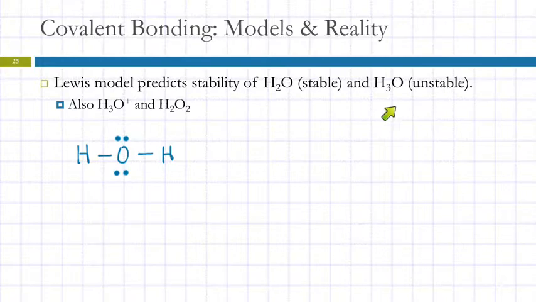What would happen, though, if we made H3O? Well, that would be bringing in another hydrogen, right? So here's another hydrogen, and that hydrogen is going to have 1 electron. How could we make H3O? Well, we'd have to connect this right here to share. Now, this hydrogen's happy. Is the oxygen happy?